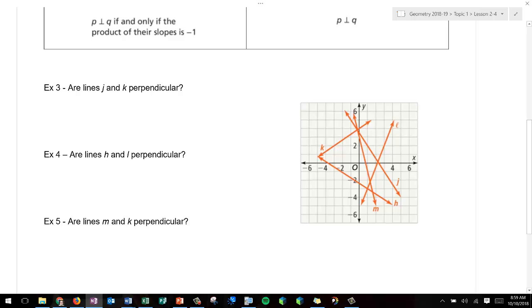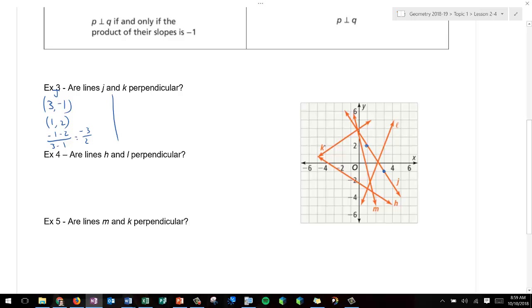So lines J and K. It appears that I've got a point for J at, looks like, 3, -1. And I have another point at 1, 2. So the slope of that one, -1 minus 2 over 3 minus 1, is going to give me -3 over 2.